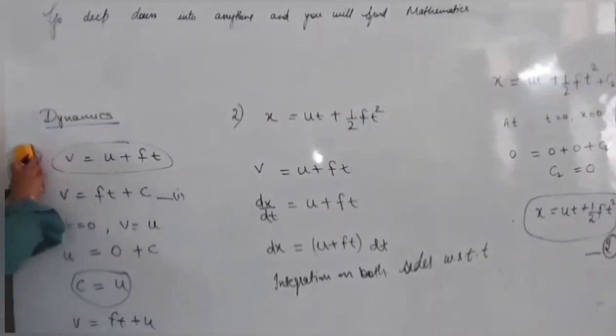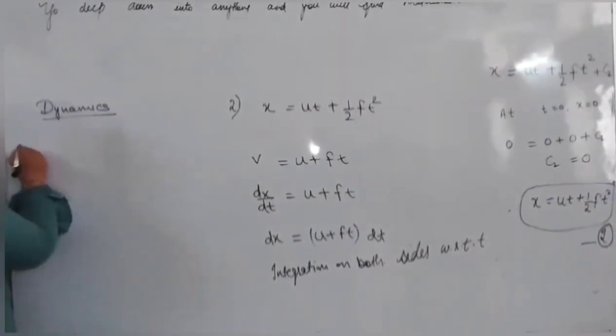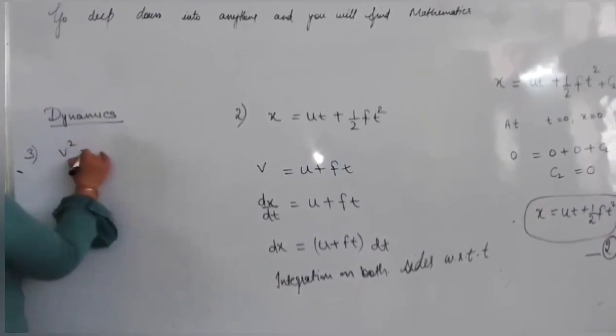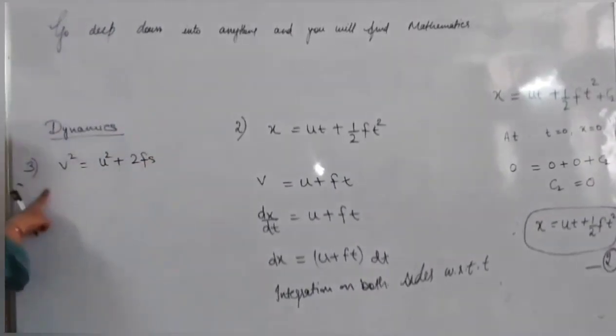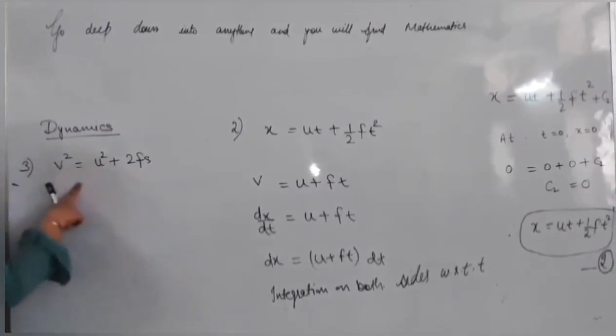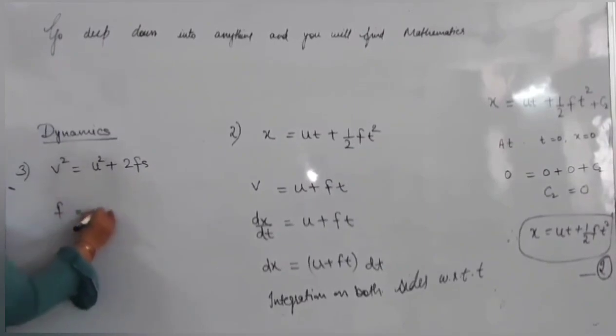Now we will prove our third result, that is v square is equal to u square plus 2fs, and we have seen here there is no t involved in the equation, so we will use the value of f without a t.